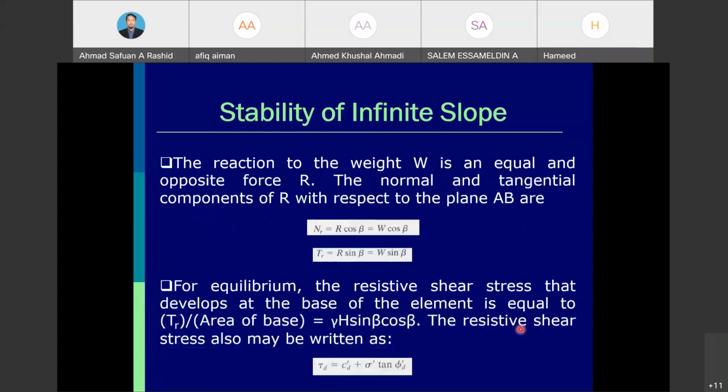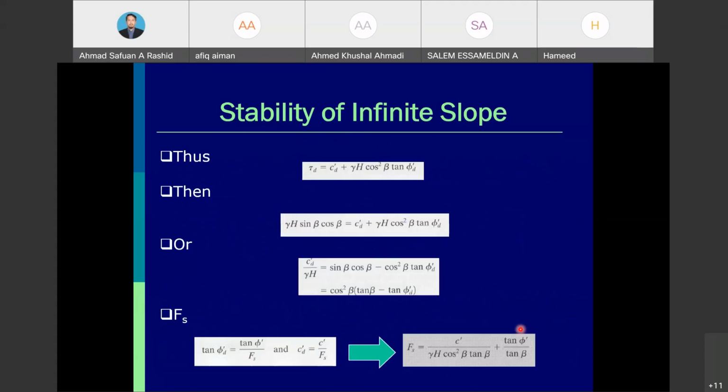From there, they get this kind of equation, which is CD over gamma H equal to sine beta cos beta minus cos square beta tangent phi D, which is equal to cos square beta times tangent beta minus tangent phi.